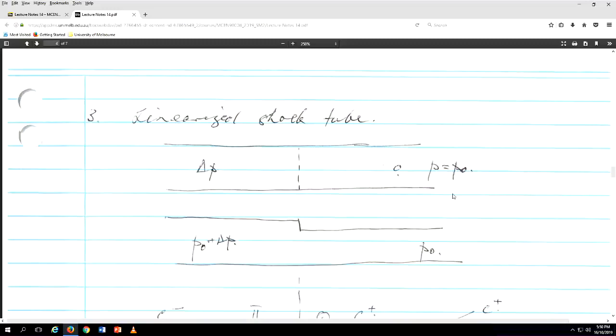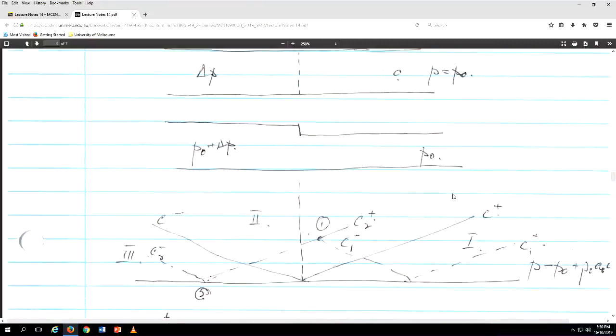So here's the linearized shock tube. This is just a diaphragm here. And this pressure is P naught plus delta P, and here's the diaphragm, and then this is zero pressure here. All right, so now what happens? Well, it's an easy case because this diaphragm can be thought of as a rupturing diaphragm here, and that it will be the equivalent of my piston moving suddenly to the right.